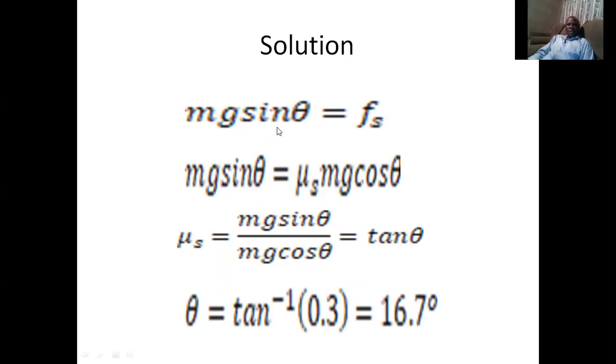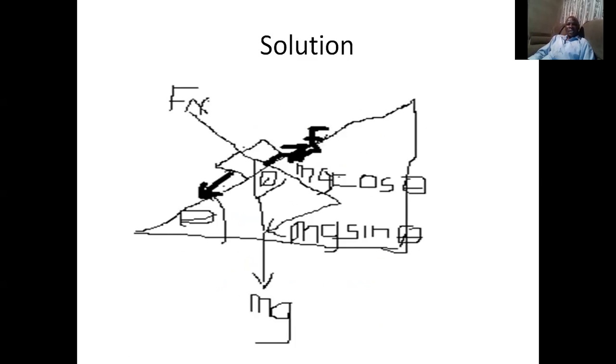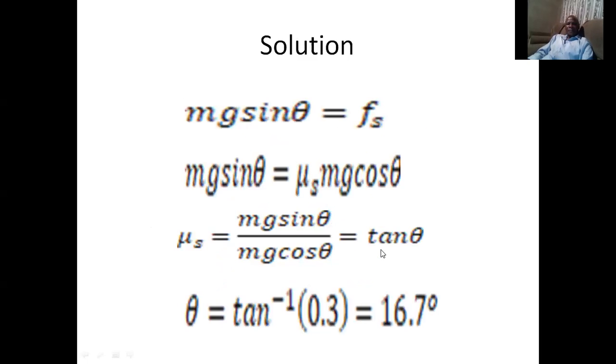Since this object is stationary, the frictional force will be equal to mg sin theta, and that's what we have written here. This static friction is equal to mu s mg cos theta, so we substitute mu mg cos theta for the friction.